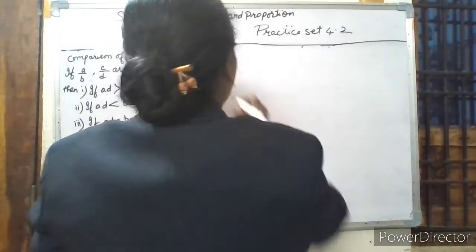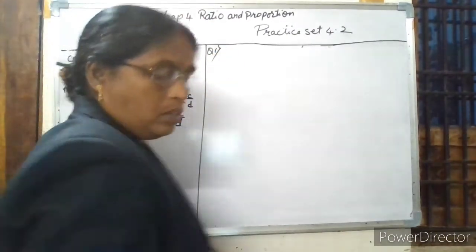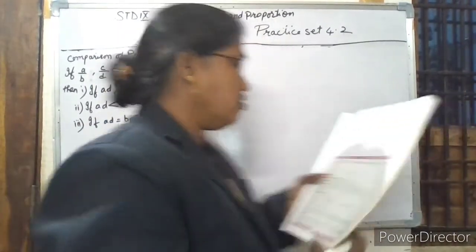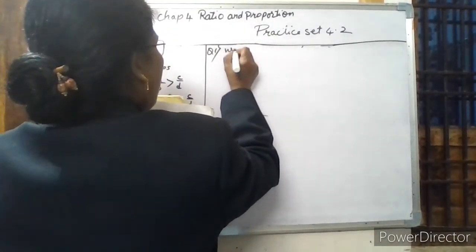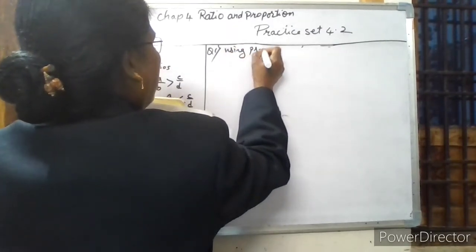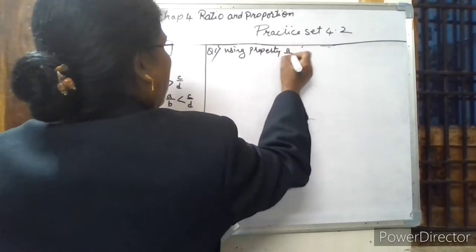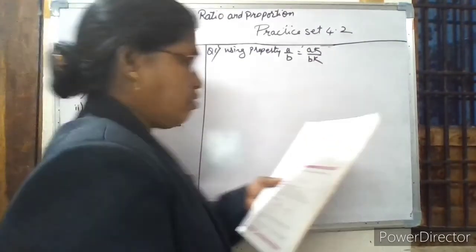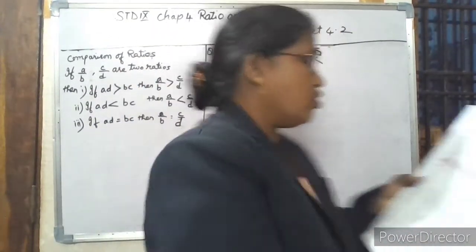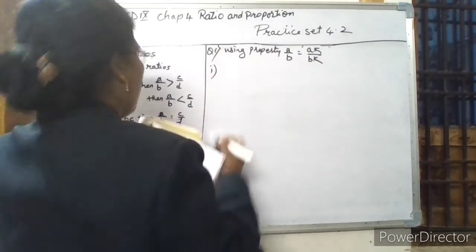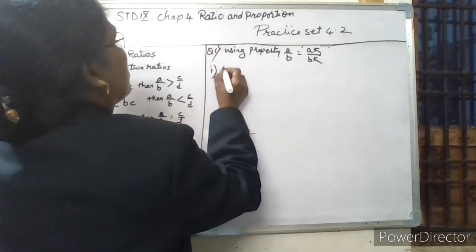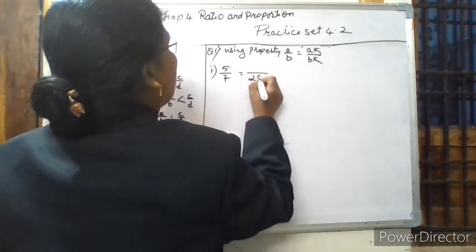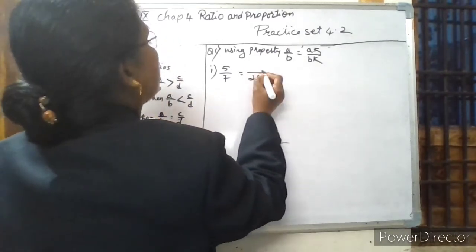Question number 1. In this, look here. Using the property A by B equals AK by BK, only the first one I am going to solve, remaining you will solve. 5 by 7 is equal to 28 here, you have to fill up the gap.